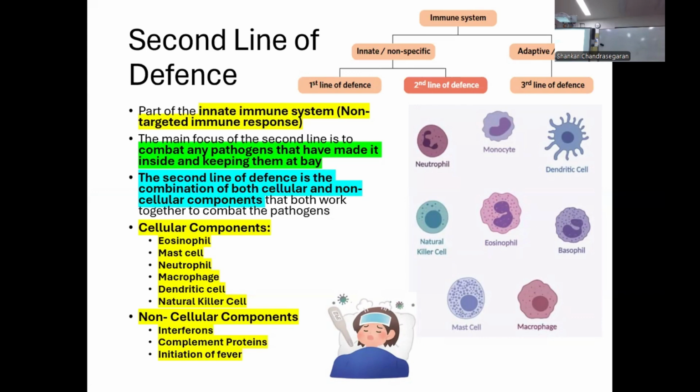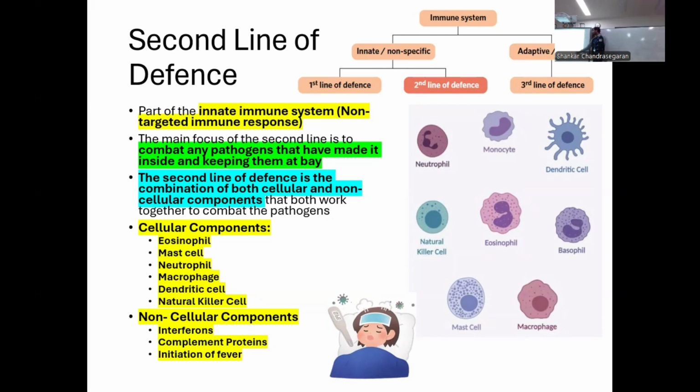And the purpose of the second line of defense is to combat any pathogens that have made it inside and ensure that they don't spread unnecessarily. Okay, they work in a combination of cellular responses and non-cellular responses. The cellular responses are about the activation of these leukocytes to specifically target the pathogen, right?